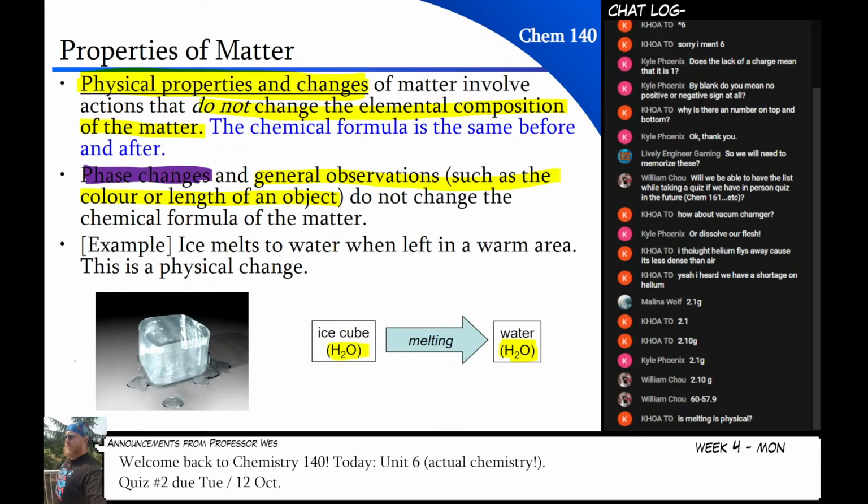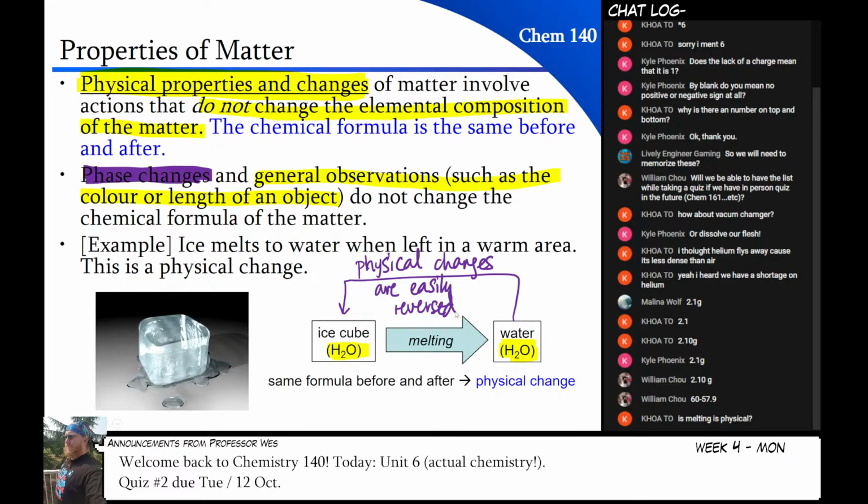Now, a good way to understand whether this is a physical change in reality: maybe you don't know the formula of something and you aren't sure it's a phase change. Can you change it back? And the answer is, well, if I could write this. There we go.